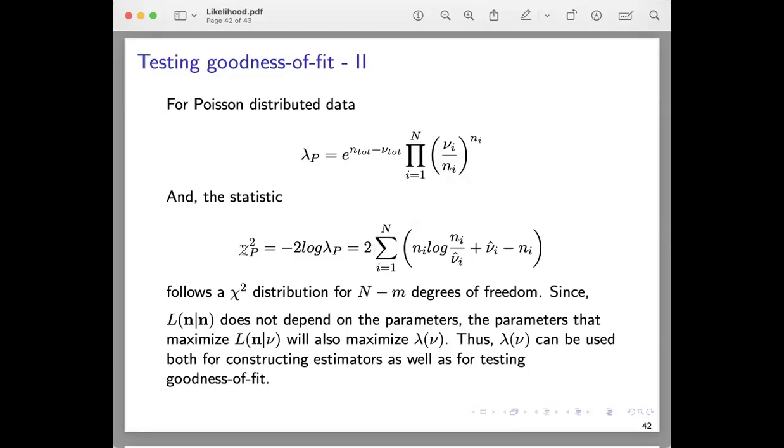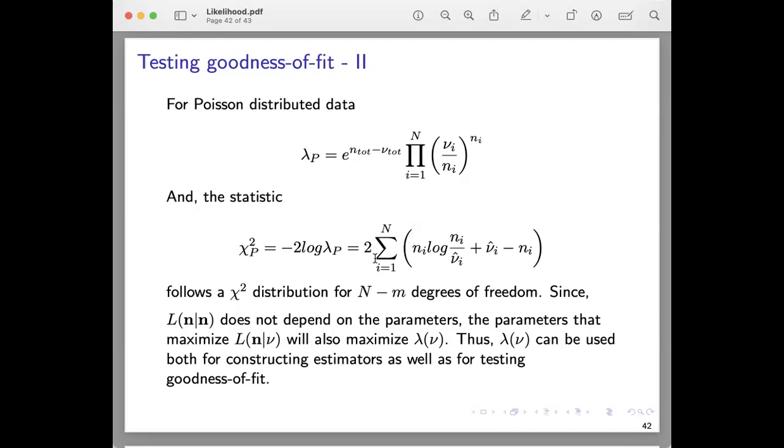In this case, this chi-square will also be distributed according to the chi-square distribution, but for n minus m degrees of freedom, so one degree of freedom more. Again from this you can see whether your chi-square statistic, your p-value, is good or not, given the chi-square distribution for this number of degrees of freedom.